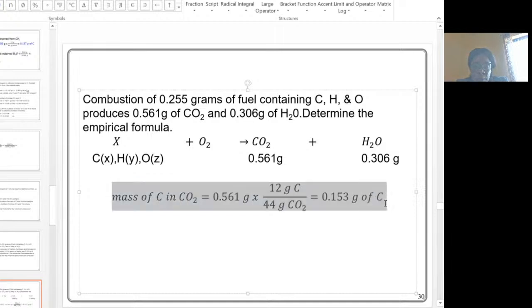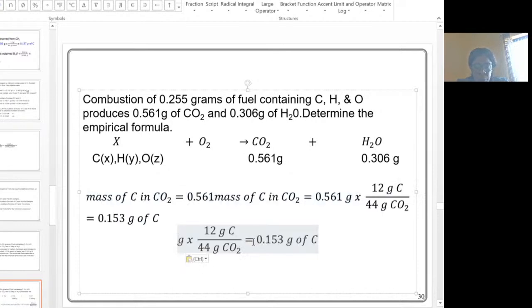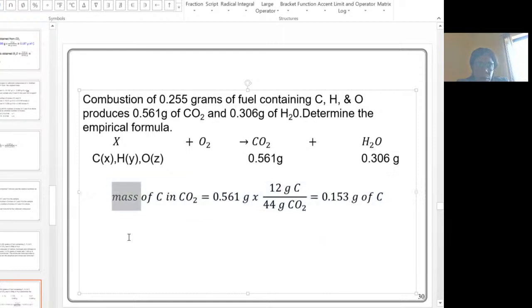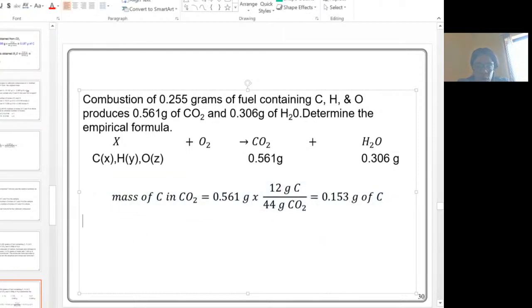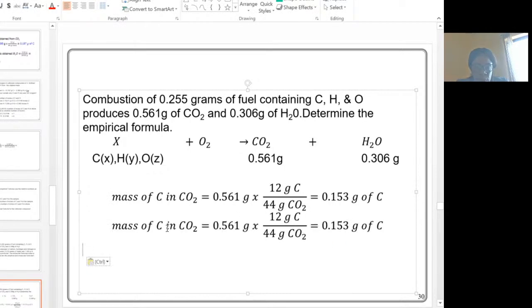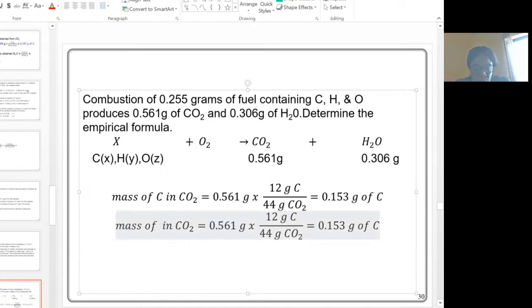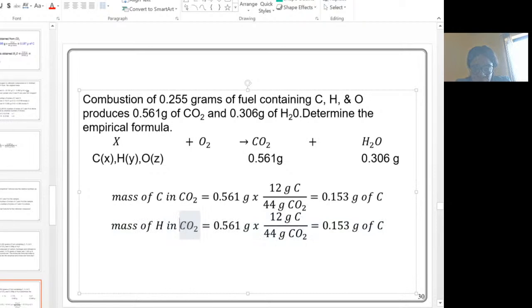Then we can work out for water now. The mass of hydrogen in water will basically be the same.